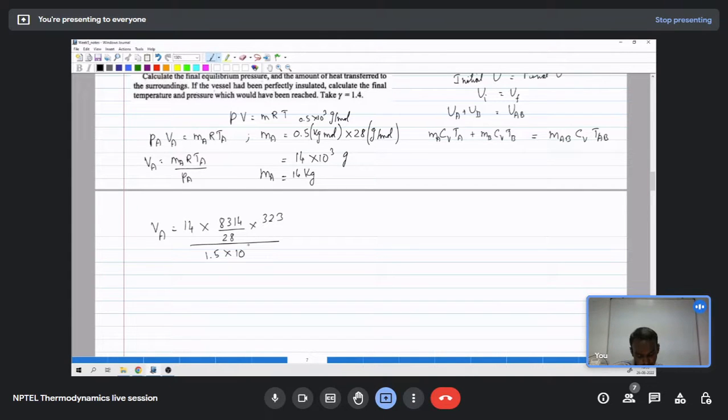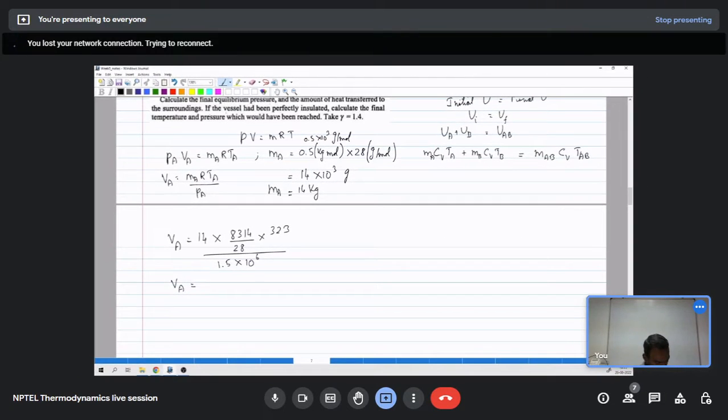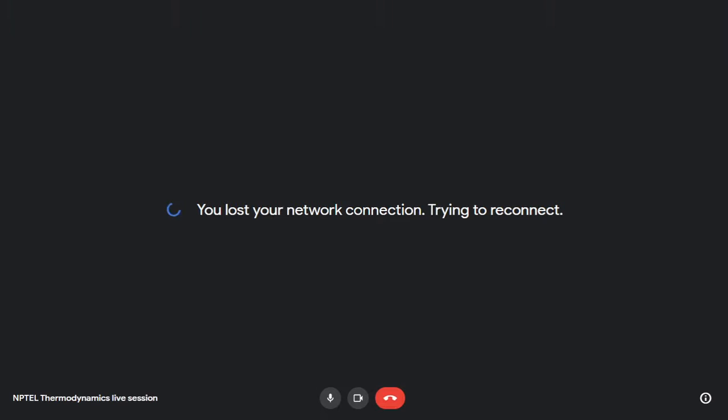So writing in terms of pascal, I will have 1.5 into 10 power 6. So VA is 0.895 meter cube.